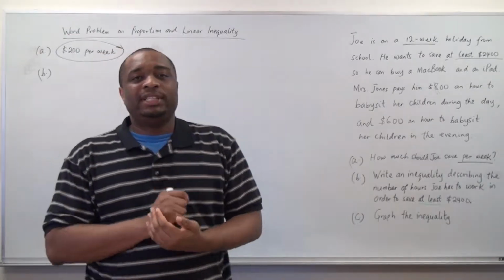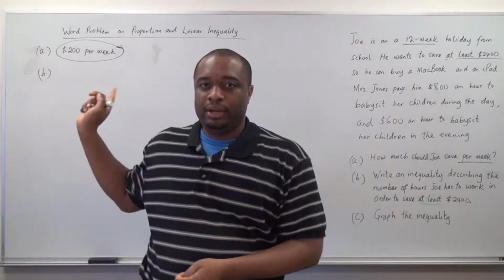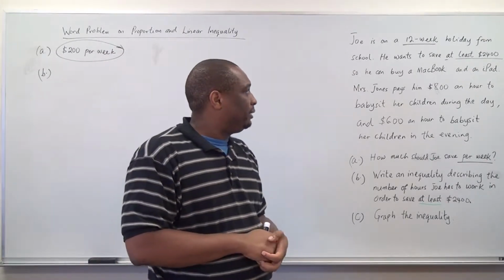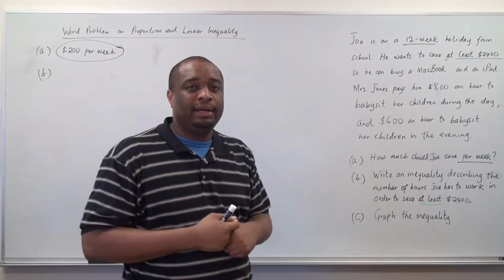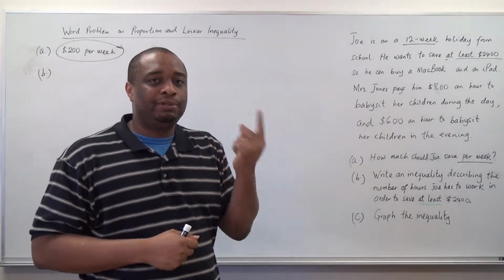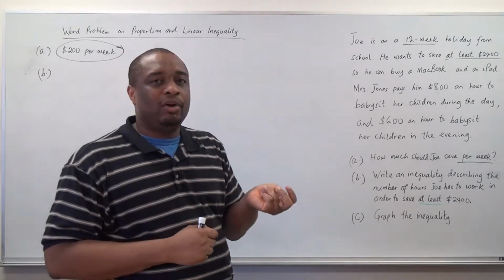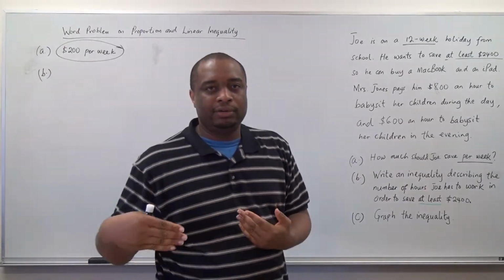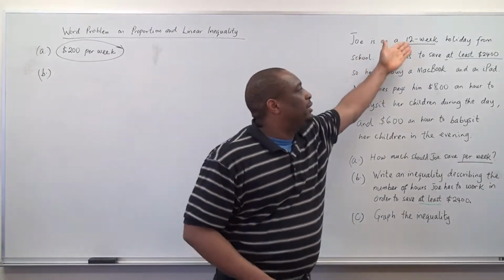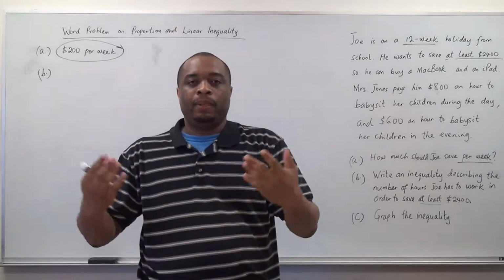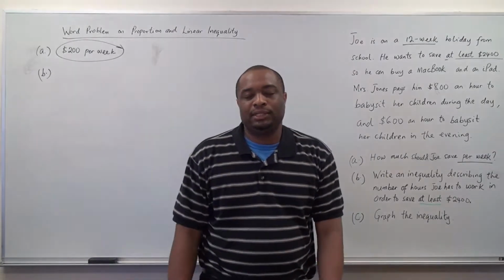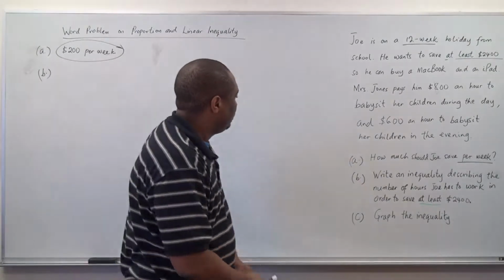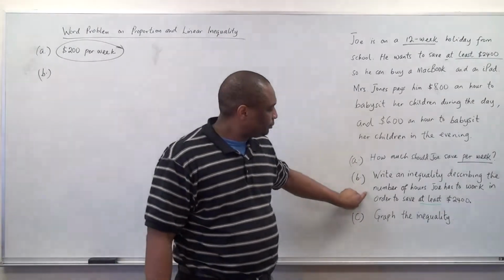You want to always put the unit, $200 per week. And if we have to check it, we find that in the first week he needs to save $200. In the second week he will save how much? $400. In the third week, $600. And of course, by the 12th week, he should save at least $2,400, right?